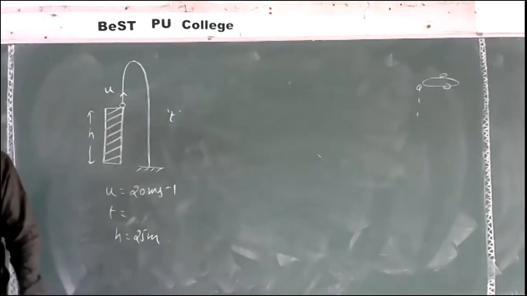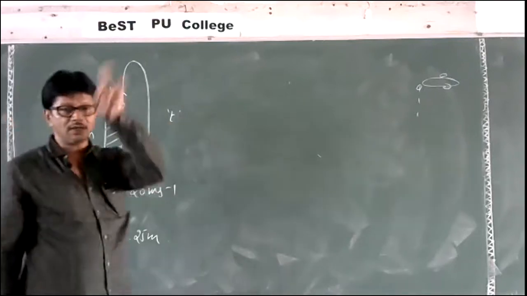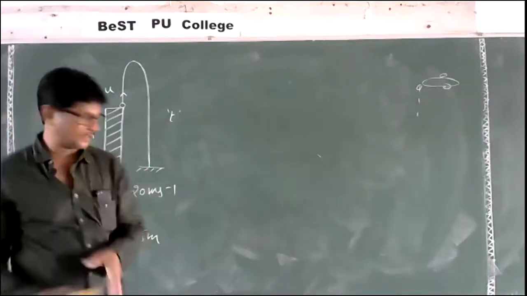Then first thing he is asking, how high will it raise? Second thing he is asking, how long it will take to reach the ground. How long is nothing but the time.